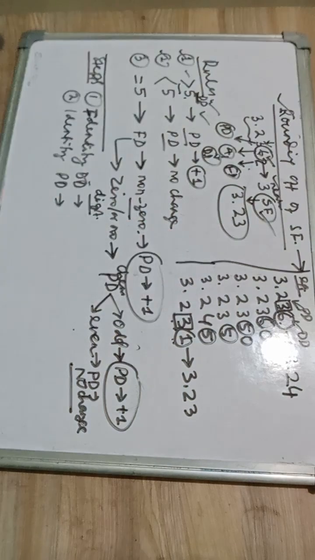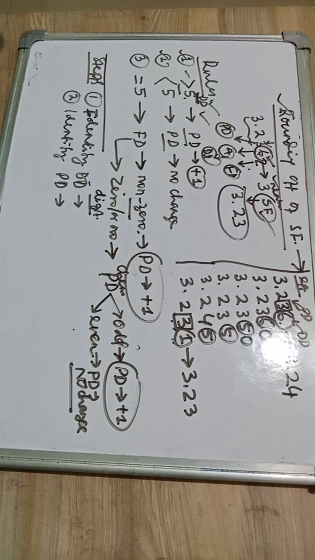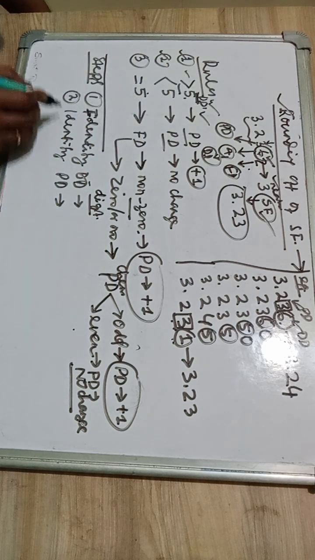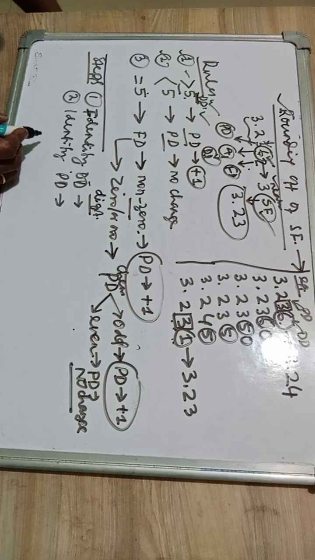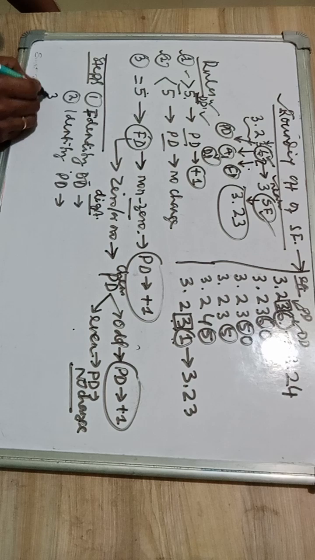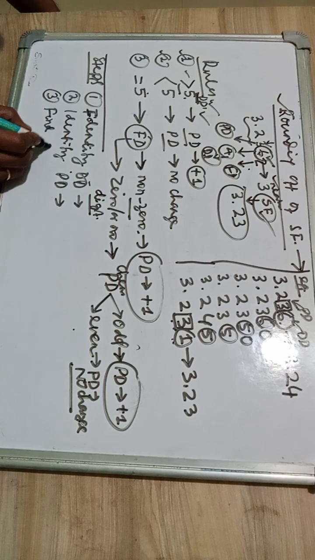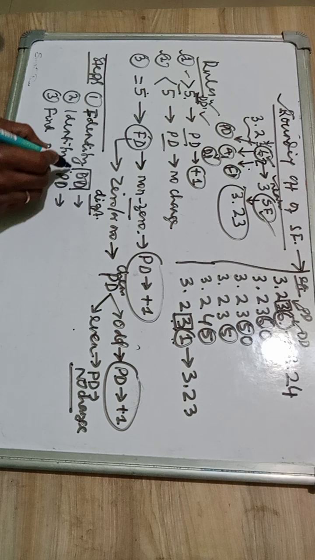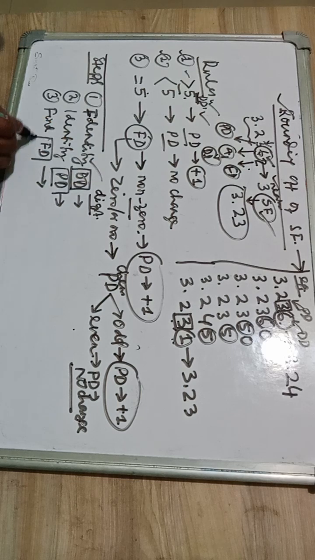Now, rule 3 says if the drop digit is 5, what will we do? We go and check the following digit. First we identify DD, then PD, then FD.